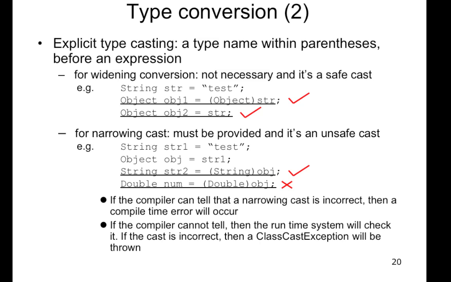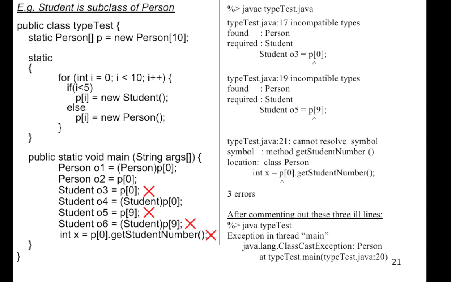So if the compiler can't tell, then it waits until runtime. If the cast is incorrect, then the ClassCastException will be thrown while the program is running. This is interesting because if you don't put error checking in, as the program's executing, the runtime environment, the JVM, catches the exception and throws it.